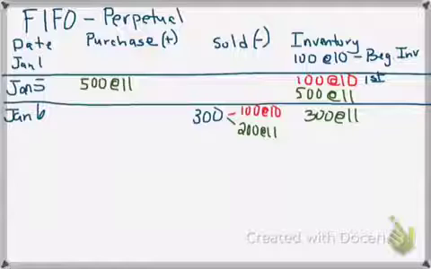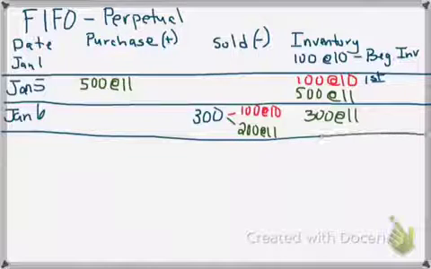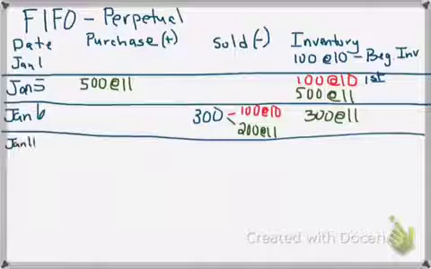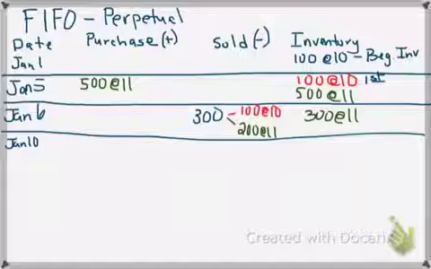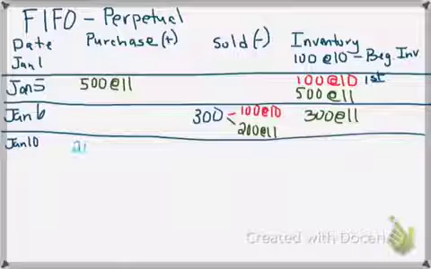Now we are going to look at the next time period, which is January the 10th. On January the 10th, we are going to purchase 200 units at $12.